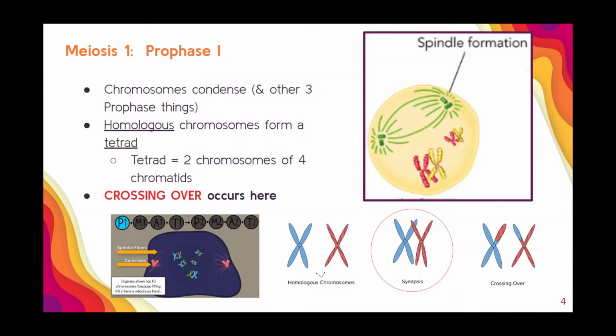We do not make identical cells here, and that's because something happens. It's called crossing over. Those tetrads cross over the arms of the chromatids, and they actually switch information. Again, we'll talk more about crossing over later.